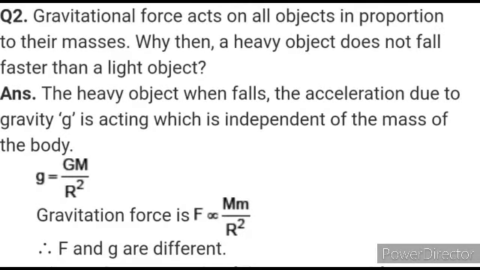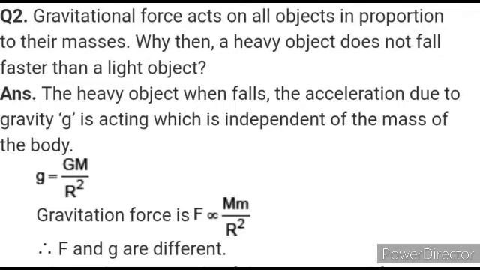Moving on with question number 2. Gravitational force acts on all objects in proportion to their masses. Why then does a heavy object not fall faster than a lighter object? The reason is, when the heavy object falls, the acceleration due to gravity is acting, which is independent of the mass.